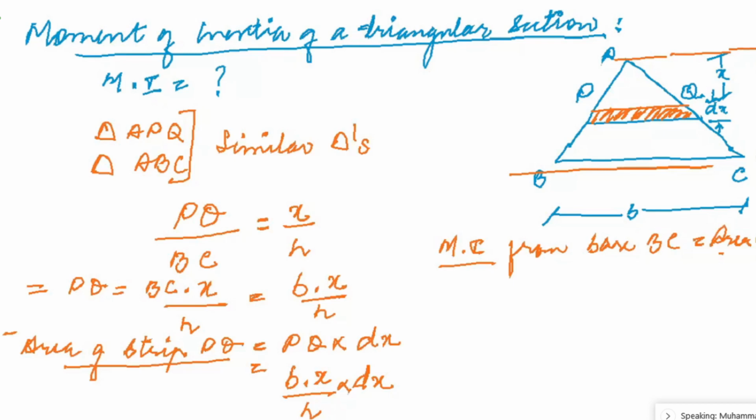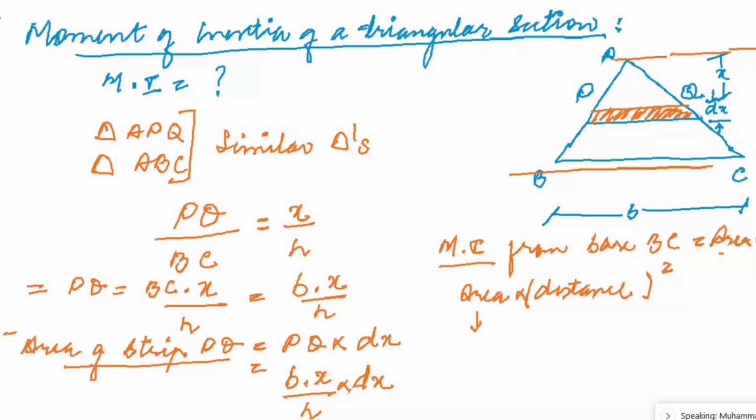Now we have to find the area of the elemental area, which is PQ. That will be area into distance squared. The area is the area of the strip, right?